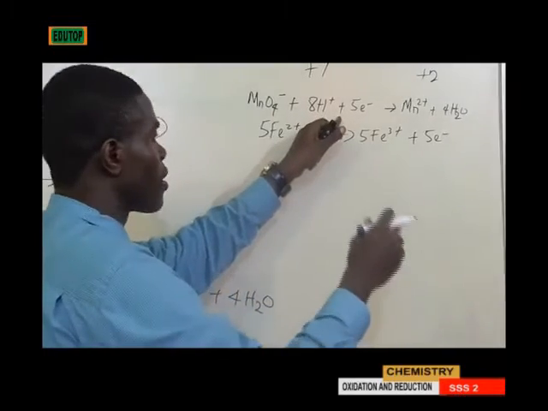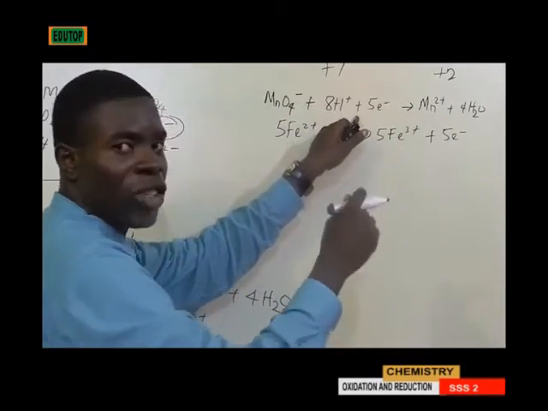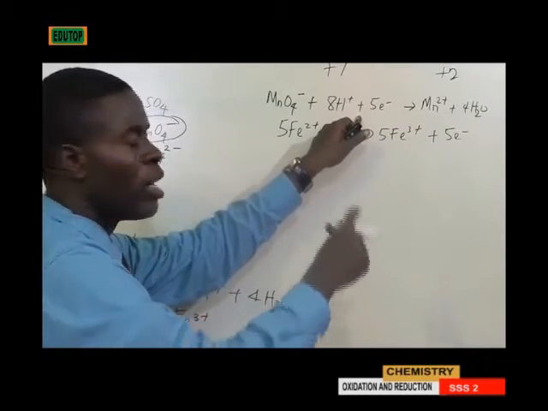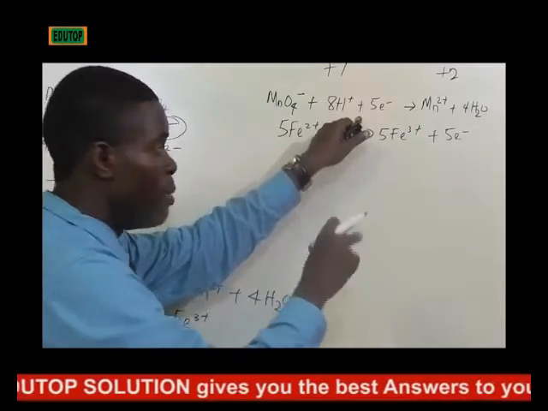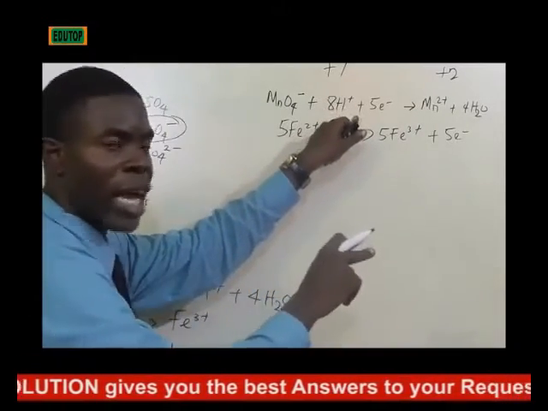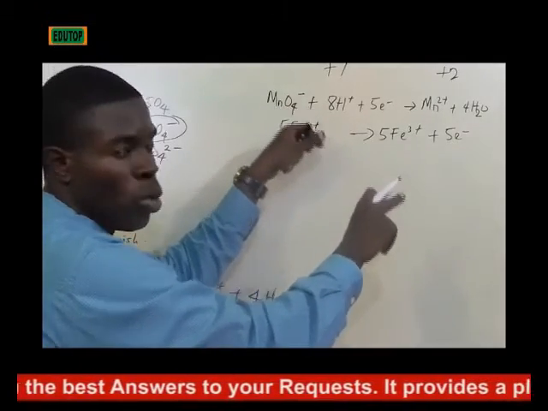Why are we doing this? Simply because our interest is to make sure that electron does not form part of the final reaction. And in order to do that, it must be eliminated.